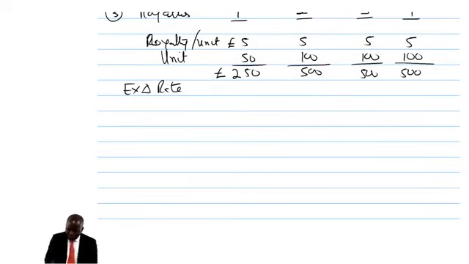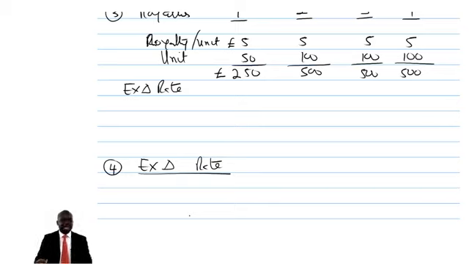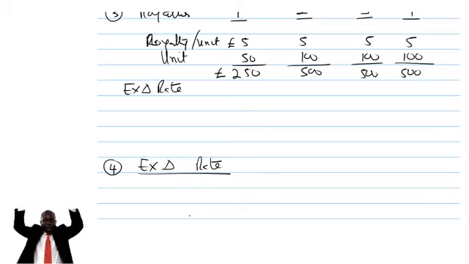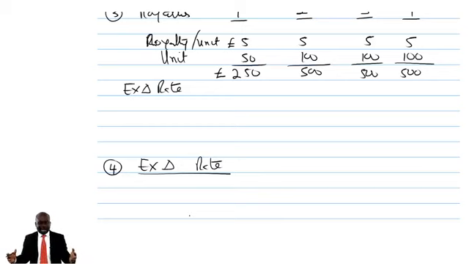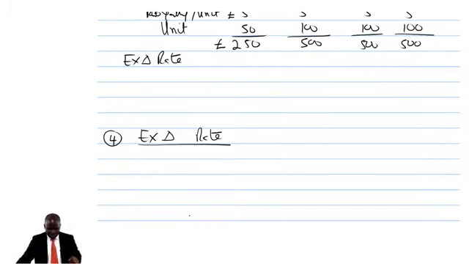I need to pause here, go down to working 4 and do my exchange rate. When I finish, I come back and complete the royalties. Once I have the royalties, I go up there to complete my table for the calculation of the net cash flows. So you have to be very, very organized. That is why you can't be reading the question over and over. Time will not allow you to do that.